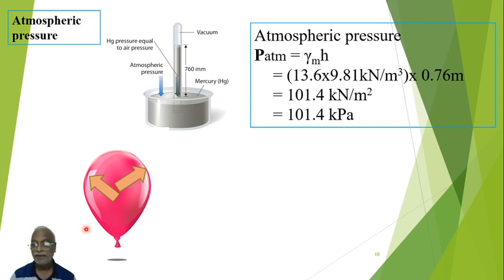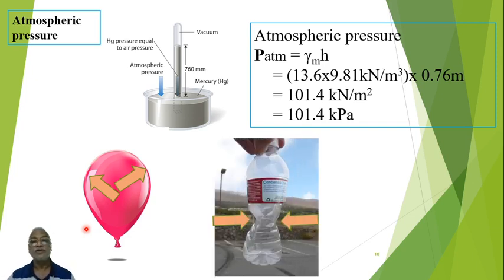Then there's one more case here. Already you have seen this container. Here what has happened is, in the beginning the pressure outside and pressure inside the bottle is the same, but if you remove the air, if you suck out the air by some means, the external atmospheric pressure will be trying to squeeze it.